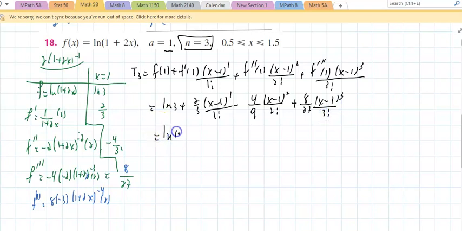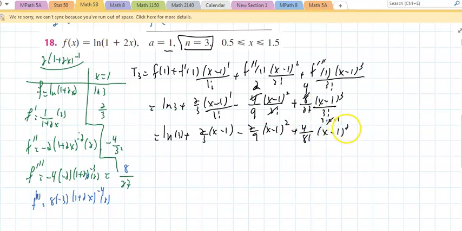That's going to be natural log of 3 plus 2/3 (x minus 1) minus 2/9 (x minus 1) squared plus, with 3 times 2 times 1 dividing that, 4 over 3 times 81 times (x minus 1) cubed.